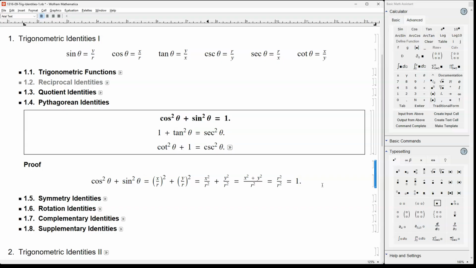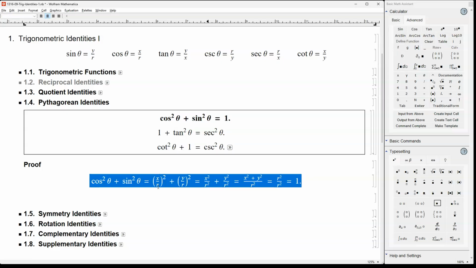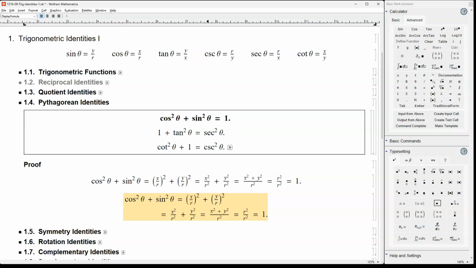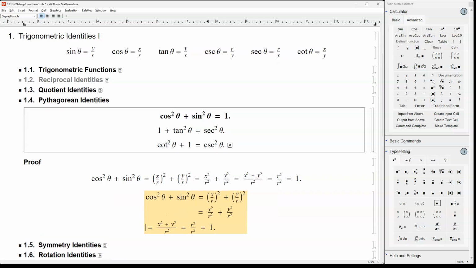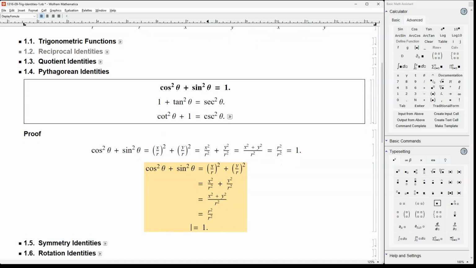In that case, we restructure the problem like this. So take this one to the next line, align the equalities. This one to the next line, align the equalities. This one to the next line, and then finally this one to the next line like this.